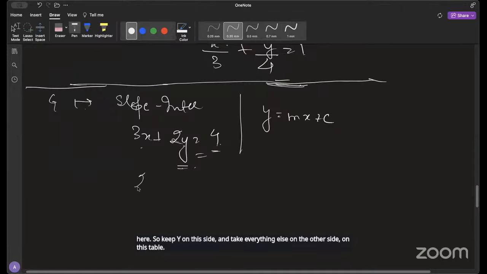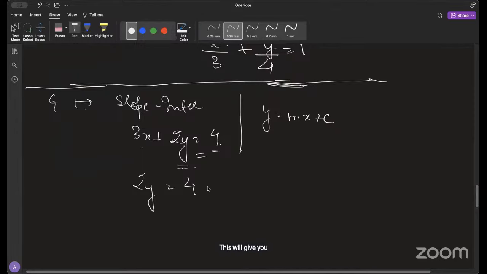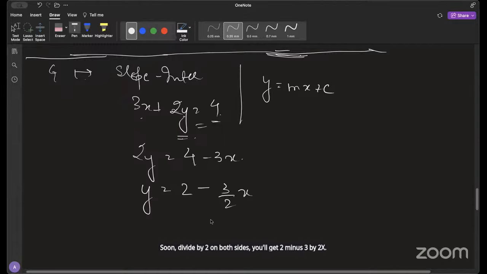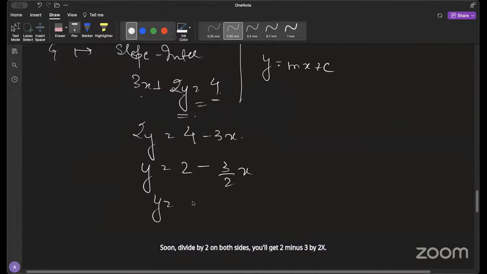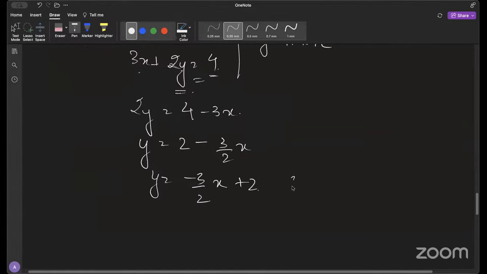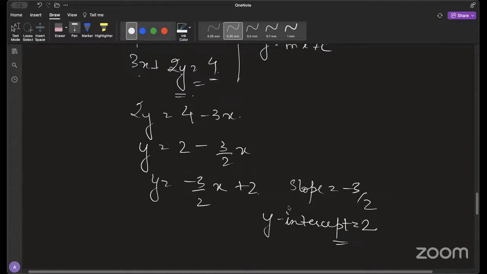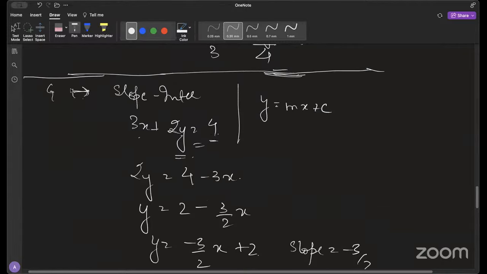This will give you 2y = 4 minus 3x. Then divide by 2 on both sides, and you'll get y = 2 minus (3/2)x, or by rearranging, y = -(3/2)x + 2. So your slope here is -3/2, and your y-intercept is 2. Is this conversion fine?